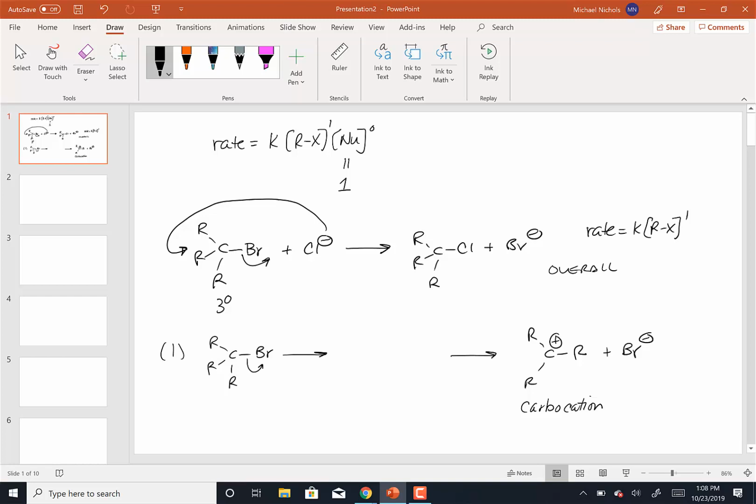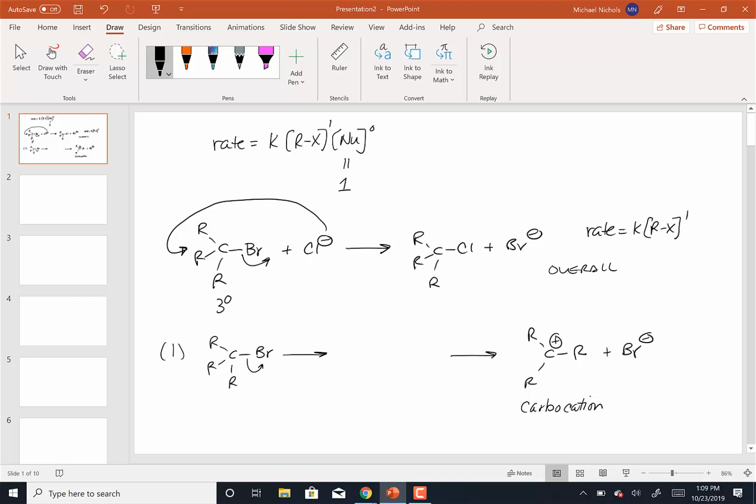Now, whenever we write a mechanism, as we wrote the transition state for SN2, we need to have a transition state for this first step. We're going to write the transition state using a methodology similar to what we use to write resonance hybrids. We're going to have dotted lines and delta charges.